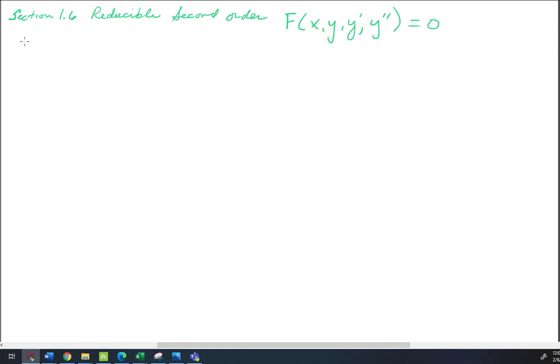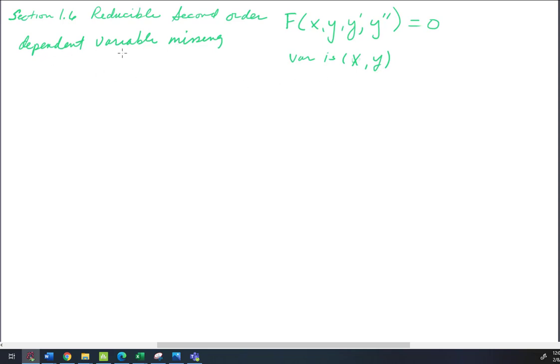So the first example we want to look at is with the dependent variable missing. Now, this is a function that I would think of as a function in the variables x and y, and I've sort of habituated myself to at least writing myself a note that looks like that to remind me that my variable list is x independent variable and y dependent variable.